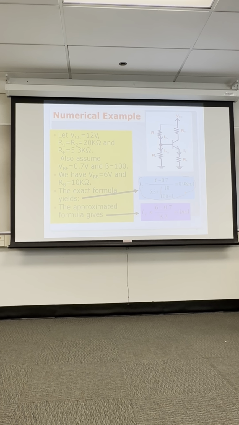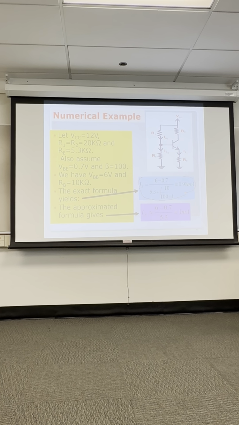So now how would we get the collector-emitter voltage? Remember, we have to solve for I sub E, I sub C, V sub C, V sub E, and then V sub CE. So all we have now, we have I sub E, we have V sub B. How do we get the collector voltage? And of course, we need R sub C to do that. Then how do we get this voltage on the collector?